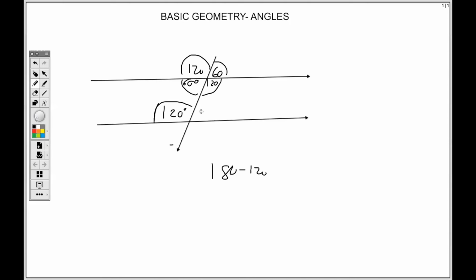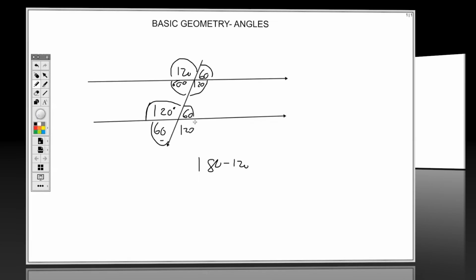So if this is 60, right here is also 60. And we can see vertically opposite, or you can see corresponding angle. So this would also be 60, corresponding angles, or vertically opposite angles. So I will get 120.